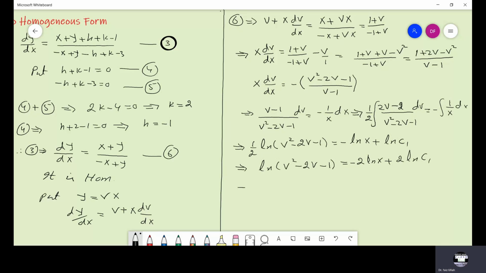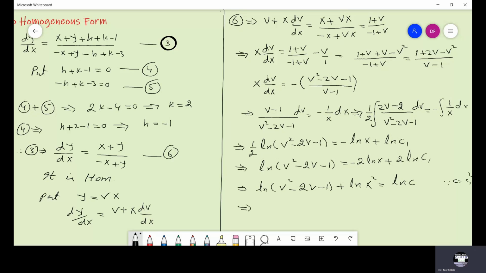So we have, this implies ln of v square minus 2v minus 1, and now this becomes plus ln x square. This is equal to ln c, taking c equal to c1 square.